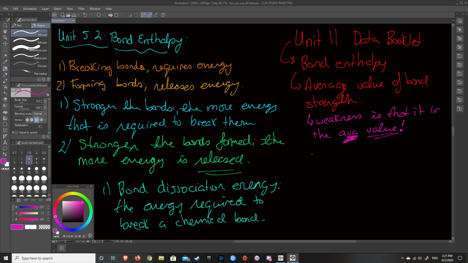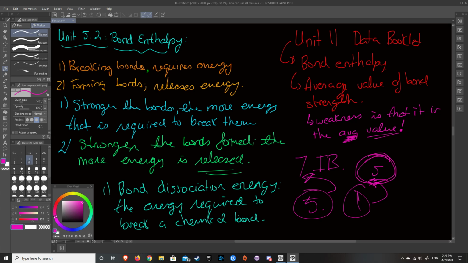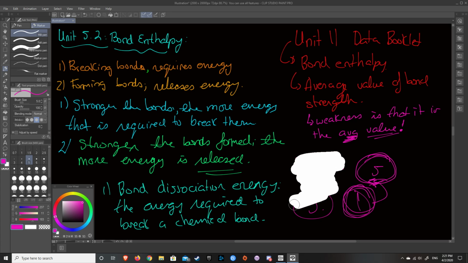Like you, right? You could be scoring a 7 in IB chemistry, but the class average is a 5. You can be getting a 1 and the average is a 5, but the average is not representative of you. It's representative of the overall grades in the class based on performance, but it's not representative of the exact situation that you are in. So it's the exact same in this case.